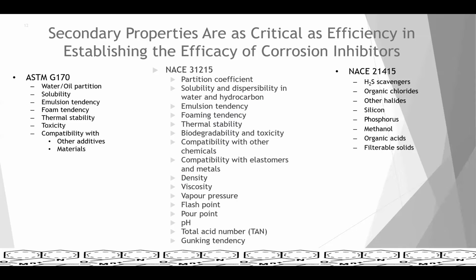This specifically addresses the influence or negative impact of any chemicals in the refinery operations. In our phase 2 report, the flow chart requires evaluation of secondary inhibitor properties so that the efficacy of corrosion inhibitor application can be ensured. So the lesson learned from webinar 7 is that secondary inhibitor properties are vital.